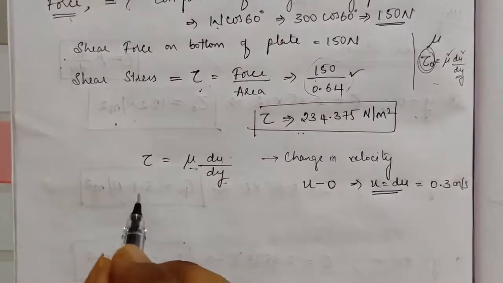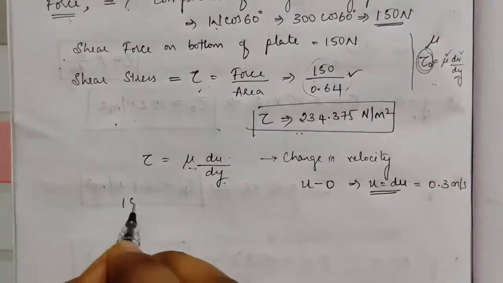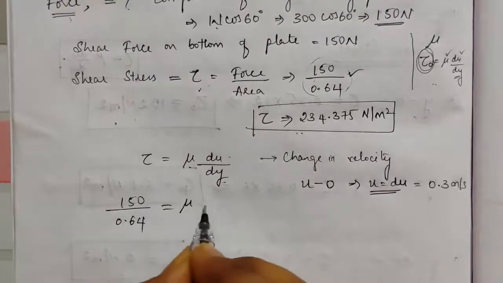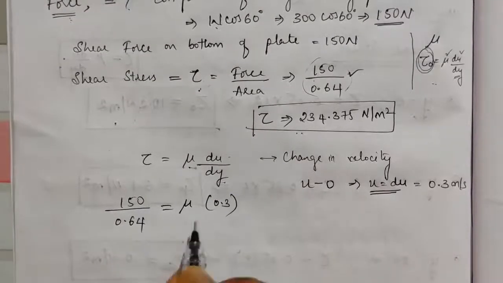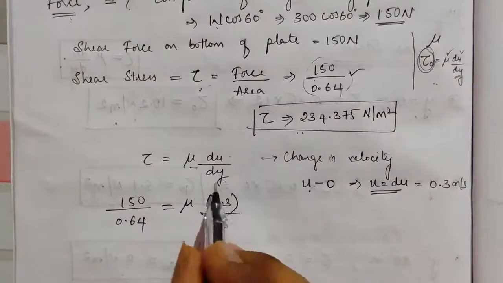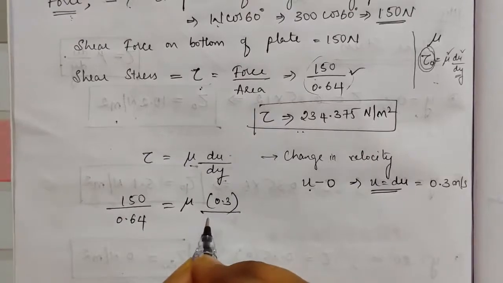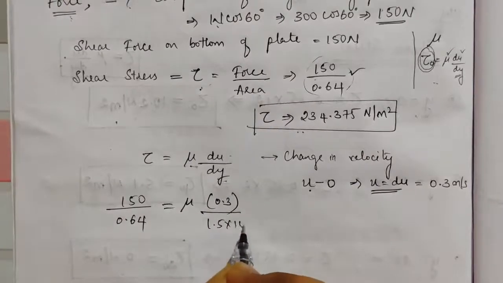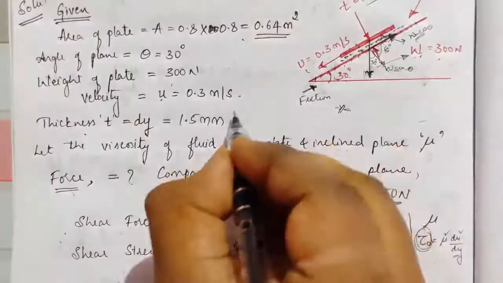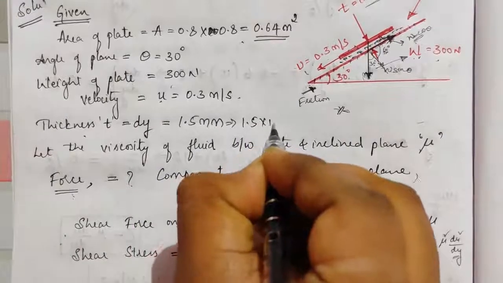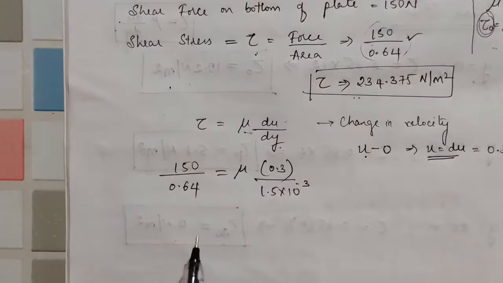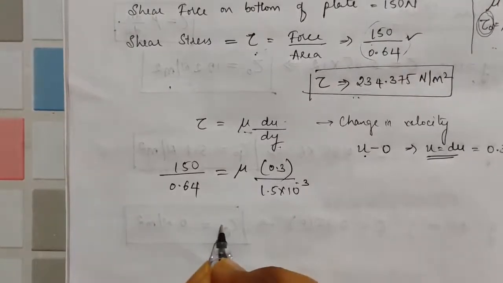So I'll substitute now for tau, that is 150 divided by 0.64 is equal to, I need the value of mu. I know du, the change in velocity. I'll rewrite that. So dy is what? 1.5 into 10 power minus 3. Why? It is in mm. So 1.5 into 10 power minus 3 meter. So everything should be in meter only.